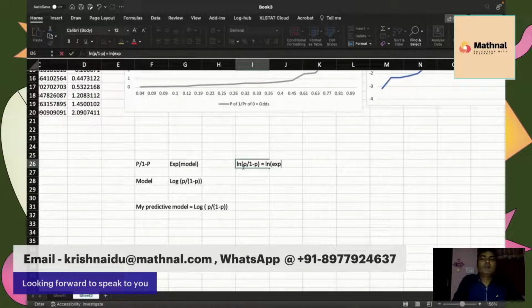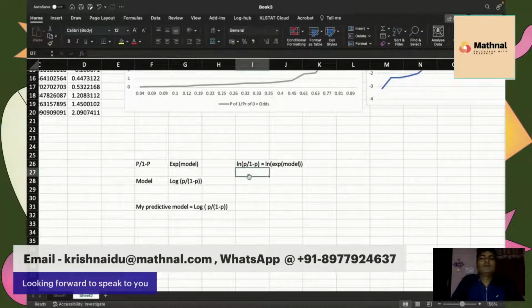Exponential is whatever model we have. When we take log on each side, the left side will remain log of P by 1 minus P, but this will become a pure model.